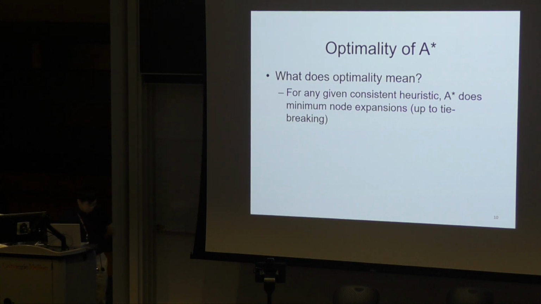When people talk about the optimality of A star, the idea is that if the heuristic is consistent, then A star is always going to do the minimum node expansion.